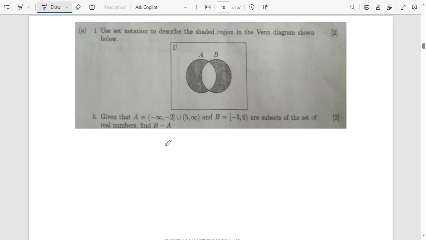All right. So let me show you. So I'll start with this part in A. If you look at that part in A, that part is B intersection. Okay, we have got B intersection A complement. What is in B but is outside A is this part here.